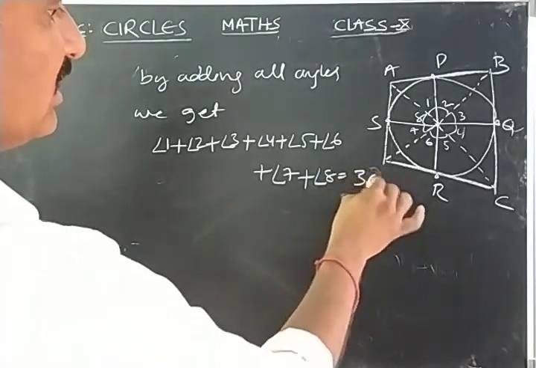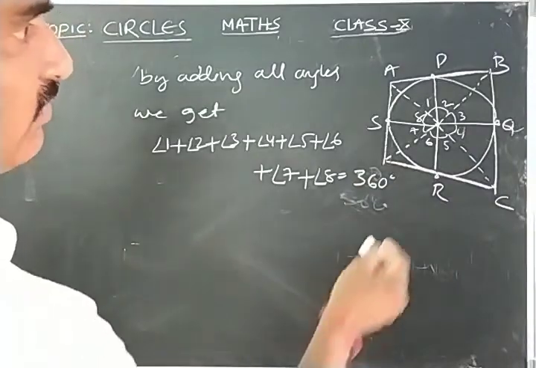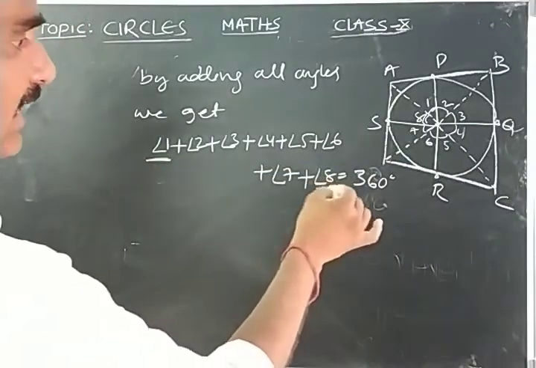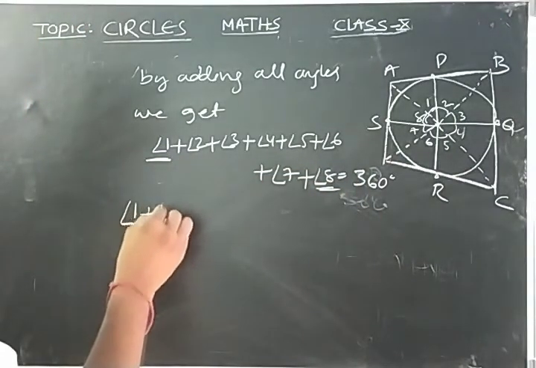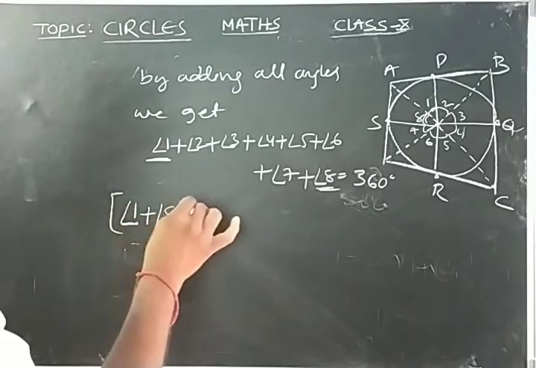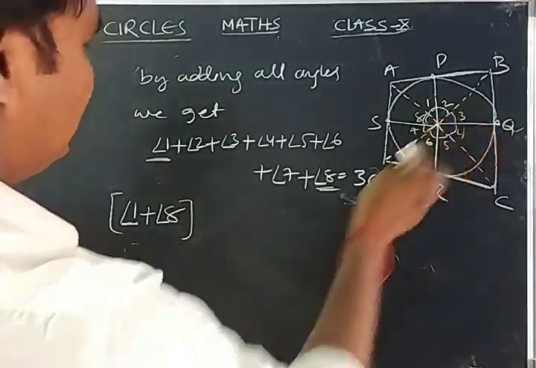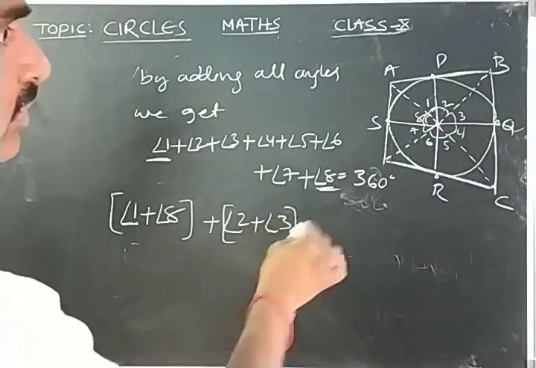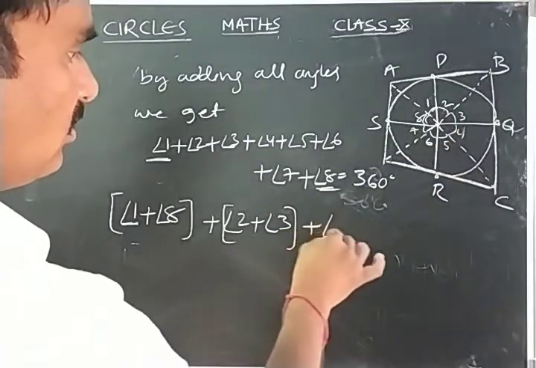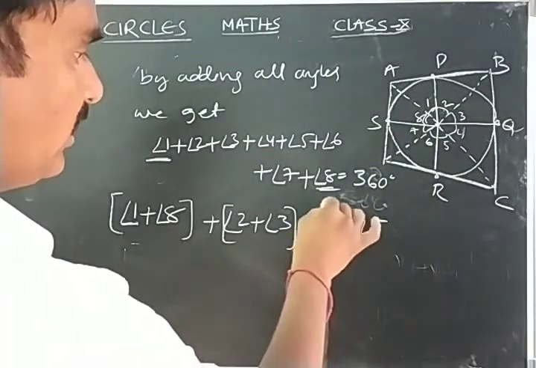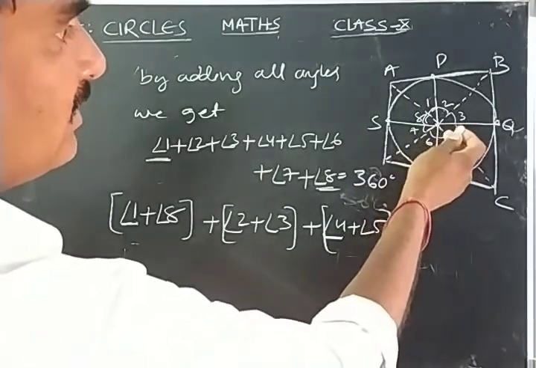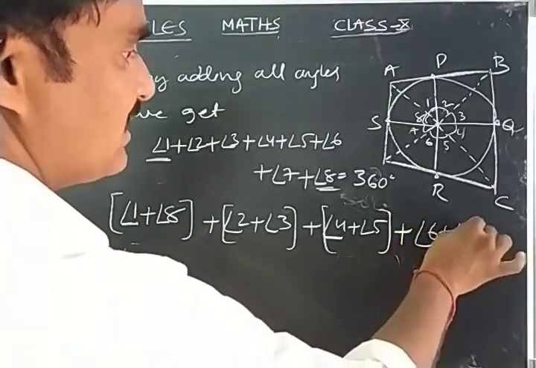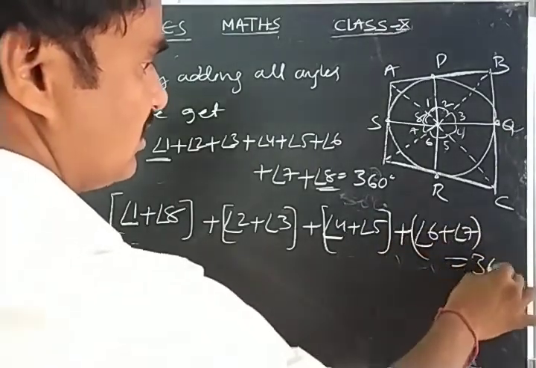And we know that angle 1 and angle 8 are equal, so I will write angle 1 plus angle 8 together. Next, angle 2 and angle 3 are equal, angle 2 plus angle 3 together. Next, angle 4 and angle 5 equal, angle 4 plus angle 5 together. Next, angle 6 and angle 7 equal, so I will write angle 6 plus angle 7 together, is equal to 360 degrees.